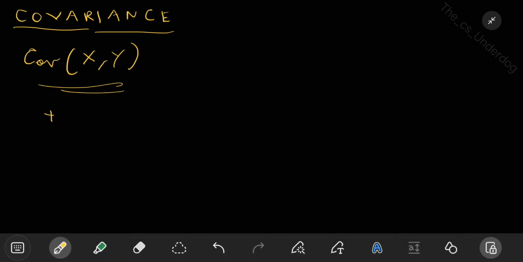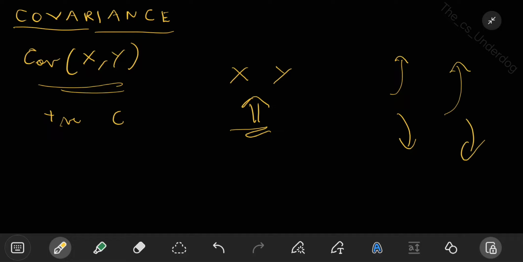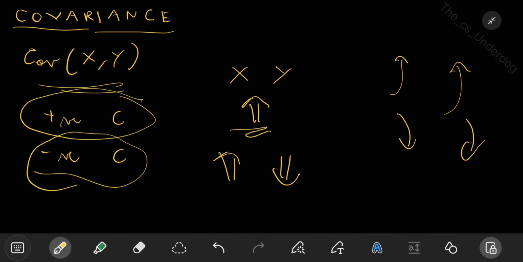If you have a positive covariance, that means both of these values x and y change in the same direction. That is, if x increases, then y also increases. If x decreases, y also decreases. That is positive covariance. If it is negative covariance, that means if x increases, then y will decrease. So positive means both are in the same direction. Negative means they are in different directions.